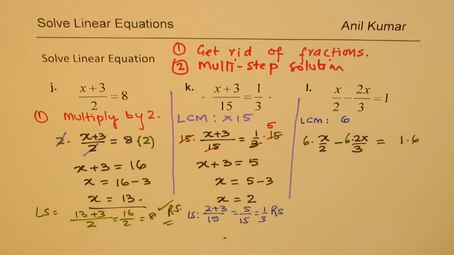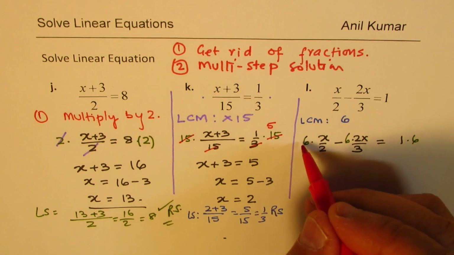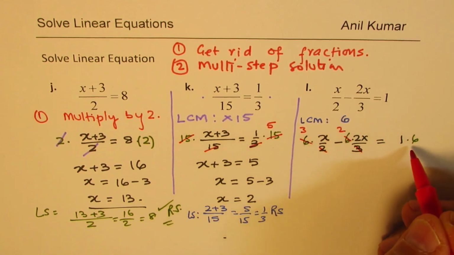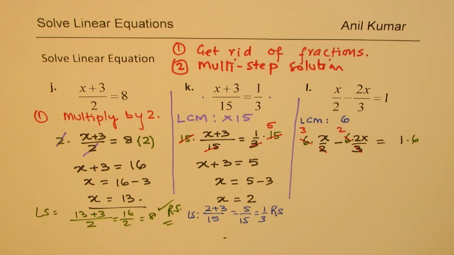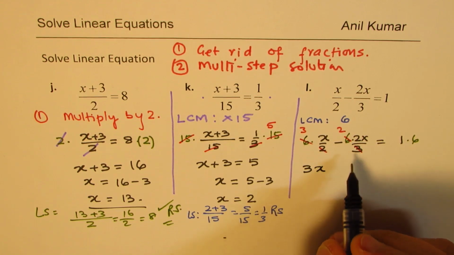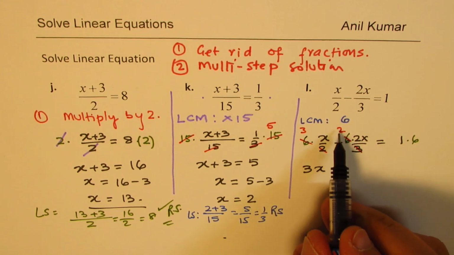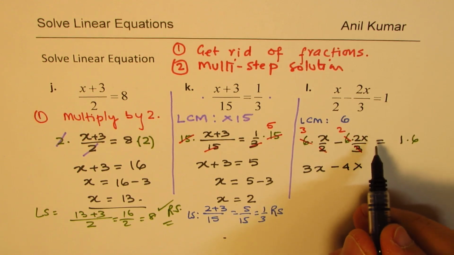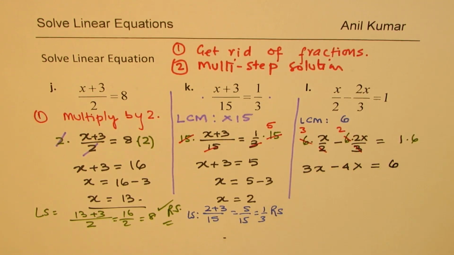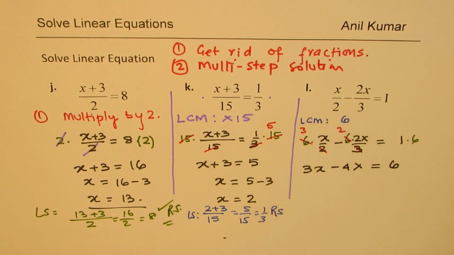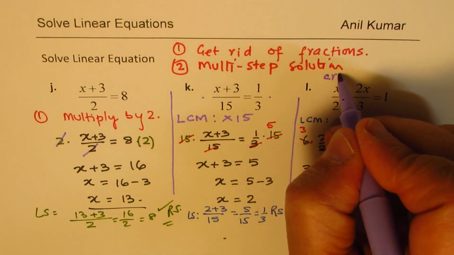The first term goes 3 times, the second term goes 2 times, and the third term we get 1 times 6, which is 6. So we could rewrite this equation as 3x, and that becomes 2 times 2, which gives us minus 4x, and here we get equal to 6. Now in this type of equation, we have another strategy also, which is called cross multiplication.